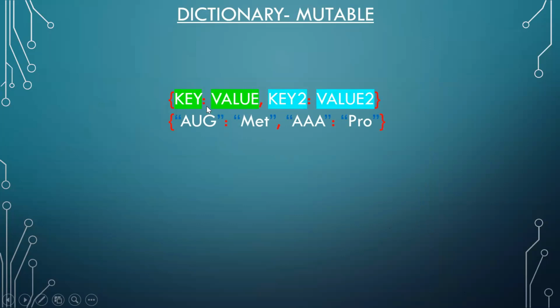It has key colon value, comma, key 2 colon value 2. Okay. So it means that this is the first index, and this is the second index. So here, the key and the value is one index, and then separated by a comma, the second key and value. Of course, to Python, this is item 0, and this is item 1.